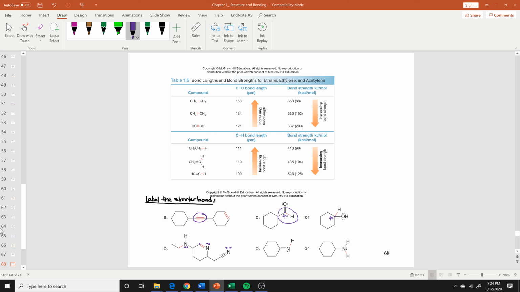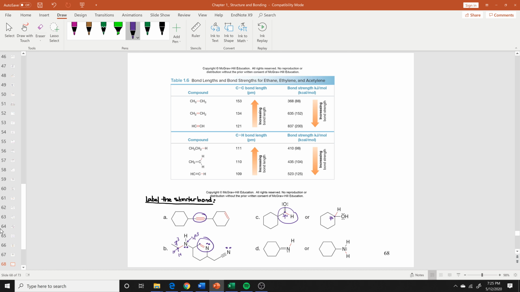Please put them, because looking here, I know that this nitrogen is an sp3 hybridization. It does have 4 groups around it. So this sigma bond is the overlap between the nitrogen sp3 and the carbon sp3, because this carbon is an sp3 hybridization. So it's an overlap between carbon sp3, nitrogen sp3. This is the overlap between nitrogen sp2, carbon sp2. Of course, the sp2s are going to be shorter.